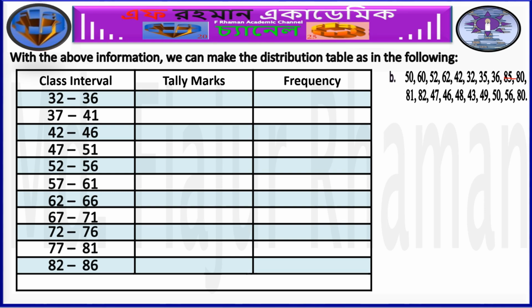If we write all the class intervals correctly, then you will always get a nice pattern of class intervals, such as 32, 42, 52, 62, 72, 82, 37, 47, 57, 67, 77. Similarly, 36, 46, 56, 66, 76, 86, 41, 51, 61, 71, 81.